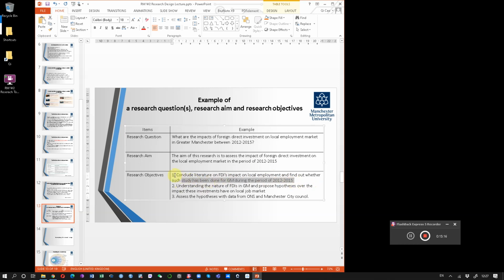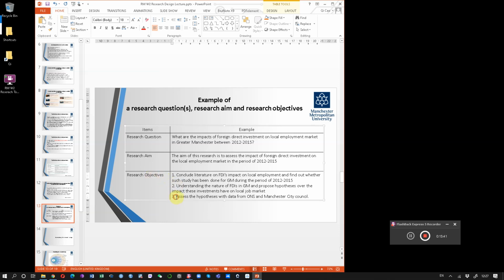That is the first objective we try to achieve with our dissertation. The second objective is understanding the nature of FDIs in GM and proposing hypotheses over the impact these investments have on the local job market. So producing the hypotheses is our next objective.